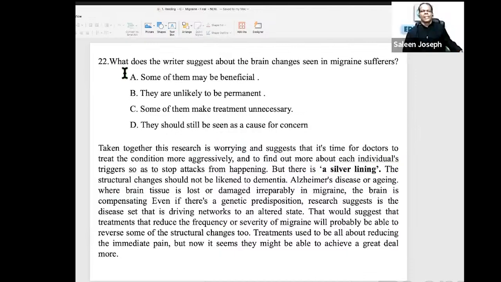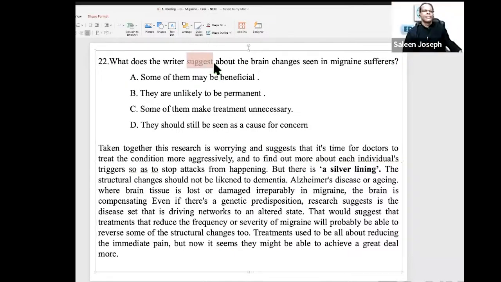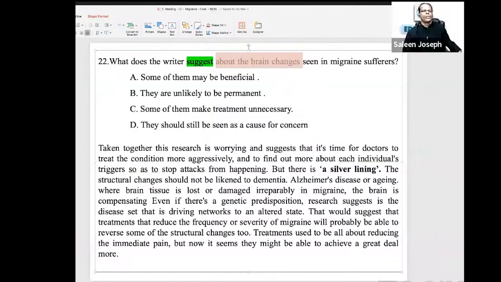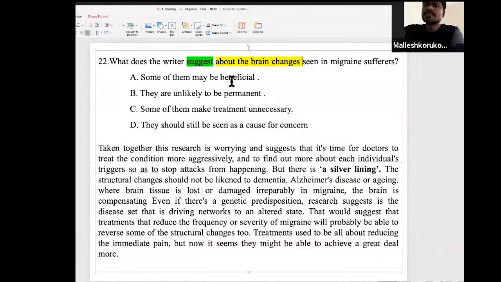Last one. What is the key word? Suggest. The writer suggests a suggestion or opinion about the brain changes seen in migraine. Option A, some of them may be beneficial.